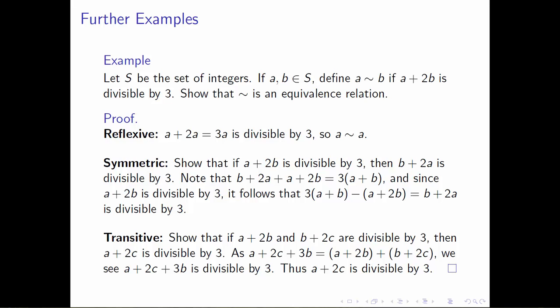And so what happens is a plus 2c plus 3b, which is equal to this thing over here on the right, is a multiple of 3. So a plus 2c plus 3b is a multiple of 3. 3b is obviously a multiple of 3. And so when I subtract them, what I'm left with is a plus 2c, and that thing that I'm left with, a plus 2c, must be divisible by 3.